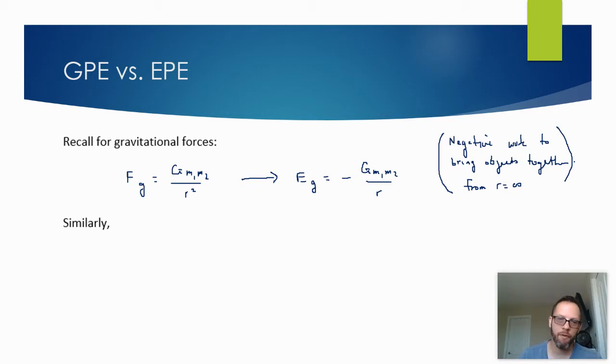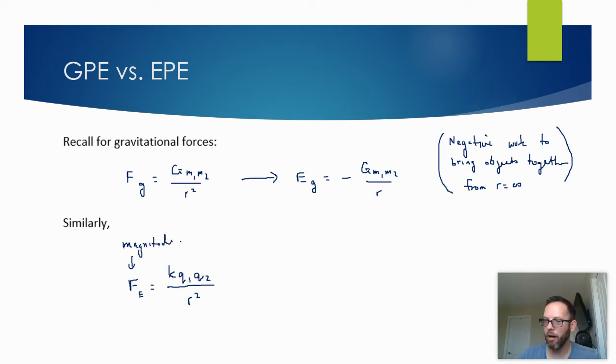But what we've seen from our last day is that the electric force was actually very similar to gravitational force, K Q1 Q2 over R squared. And this gave us the magnitude of the force.